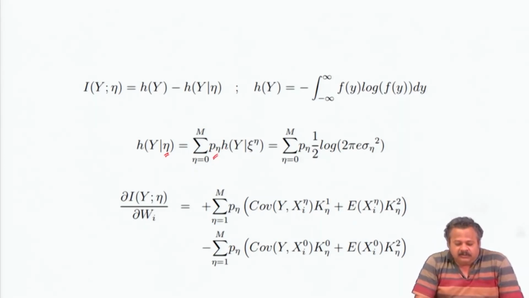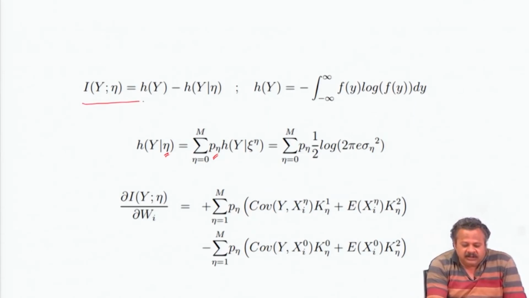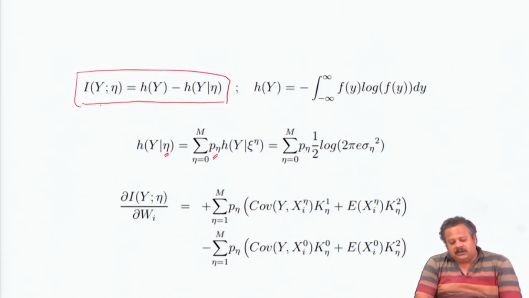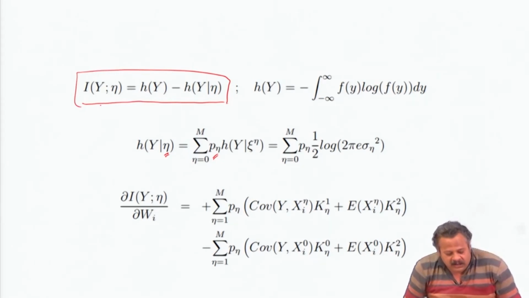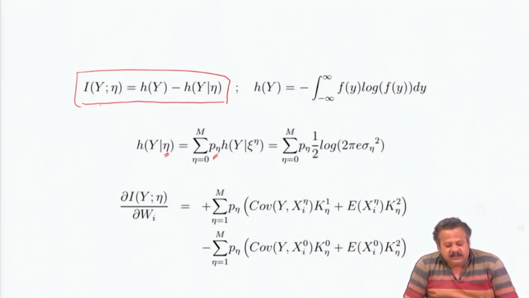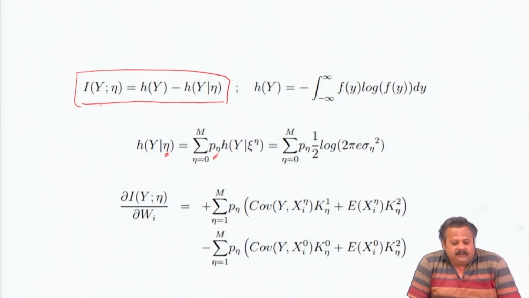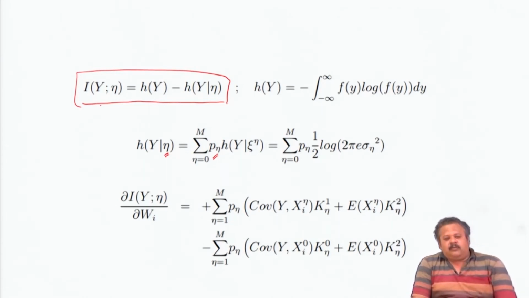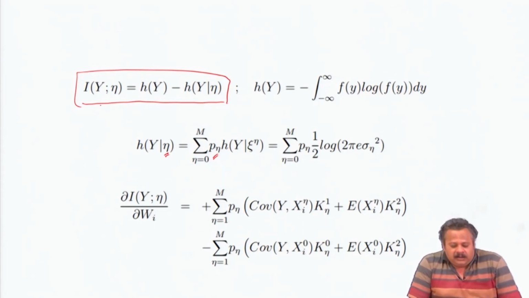And so the overall mutual information in this case, assuming a continuous output y, is the difference between the differential entropy of the output and the differential conditional entropy of the output given the particular input that is present.